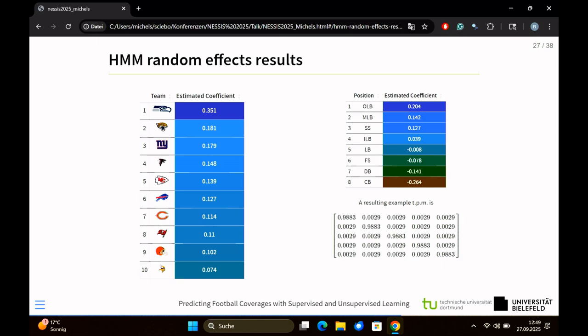And also we have some probability which is split up to the other offensive players. Okay? So this is quite nice because we see the persistence we would also expect.